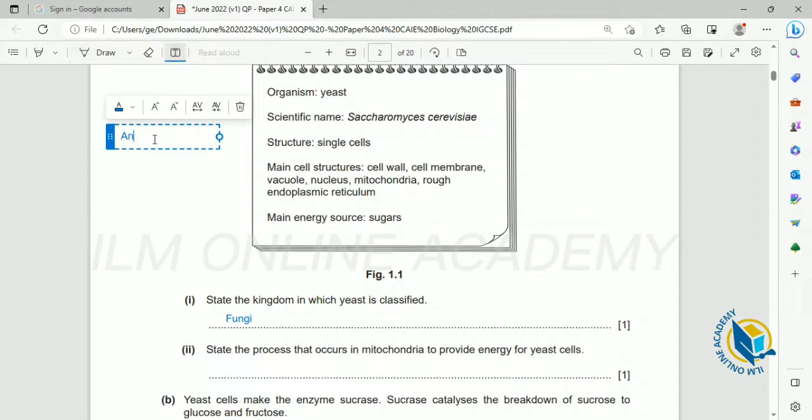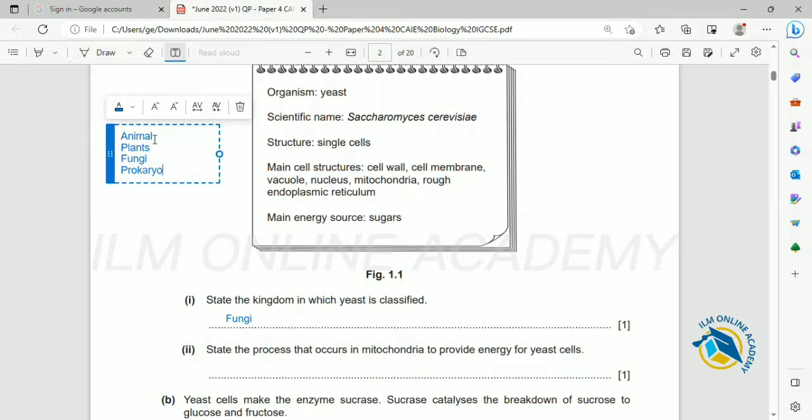Mainly those are kingdom animalia or animals, plants, fungi, in which yeast falls, and then prokaryote and protoctist. Protoctist or protist, two names for this kingdom. Protoctista also.